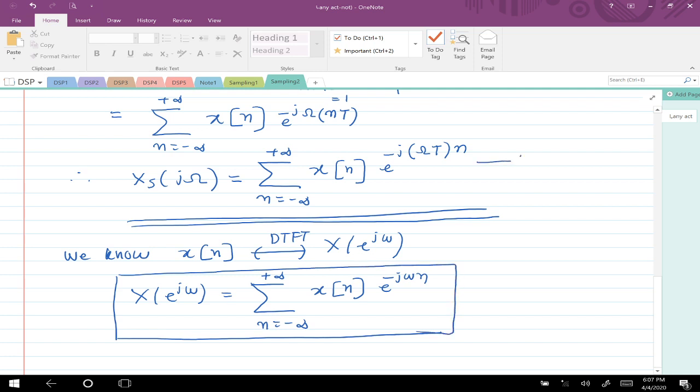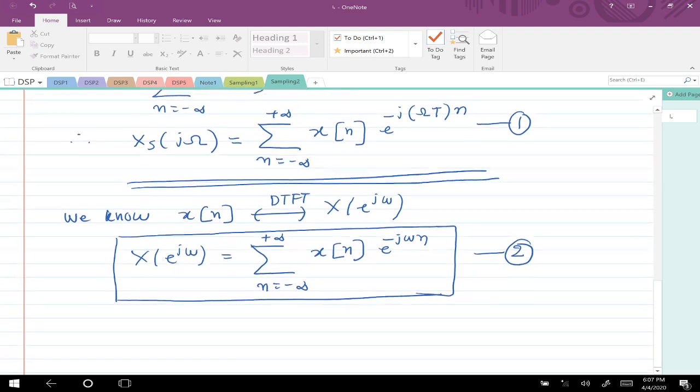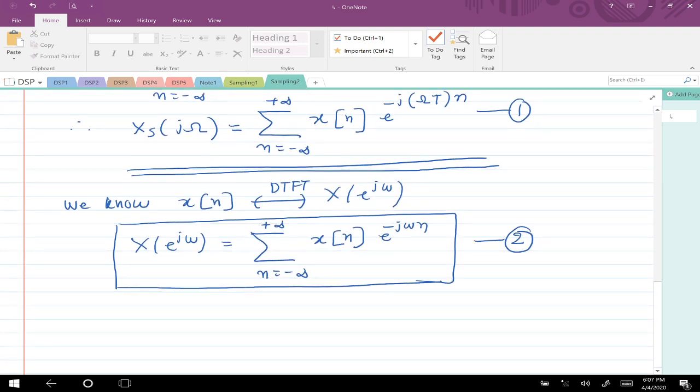Now you compare this expression 1 and expression 2, and you could notice that, can you now express X of e power j omega in terms of Xs of j omega? What is the difference there?